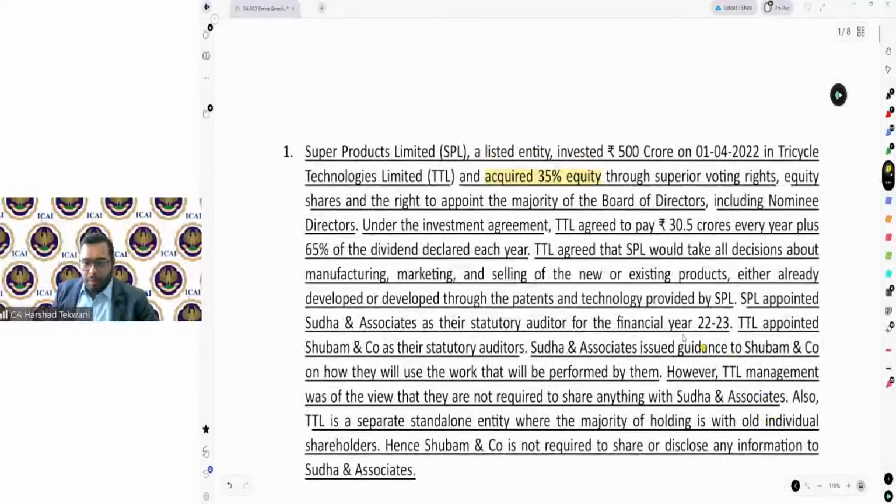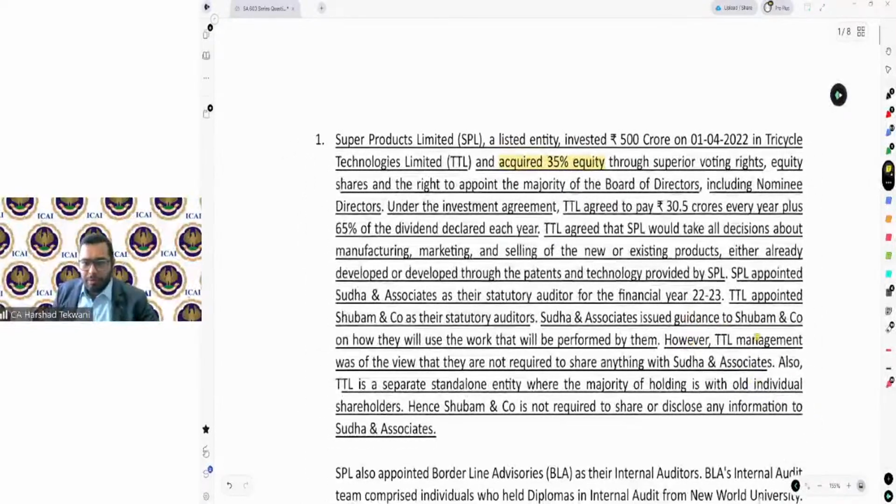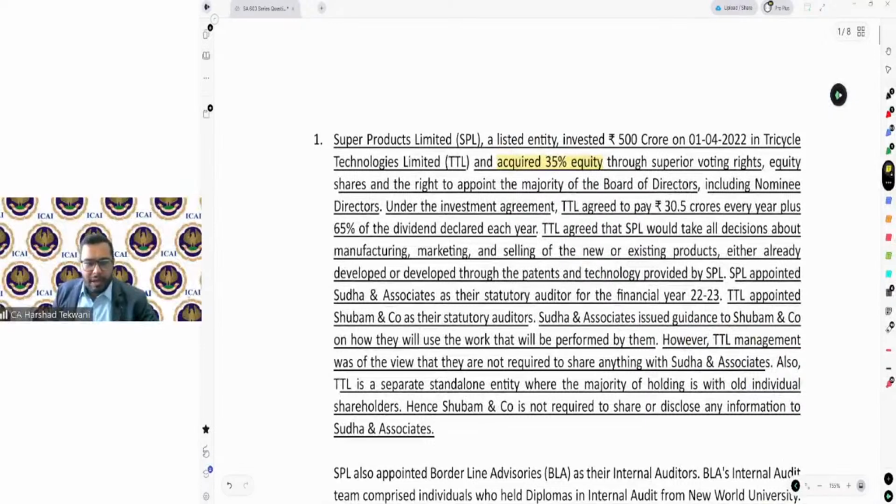Okay. I zoomed in a bit so that you guys can see clearly. Do let me know, Namrata, if it is visible now.